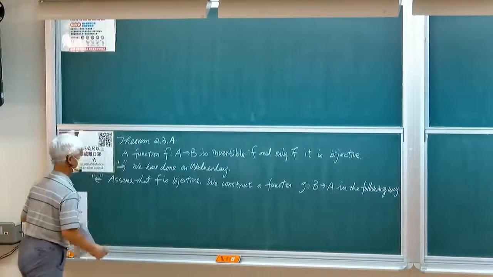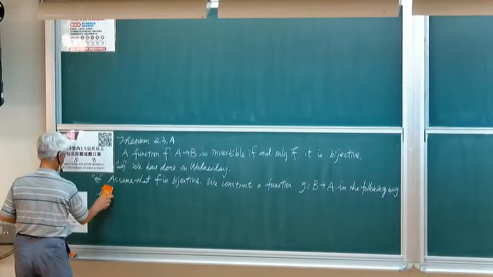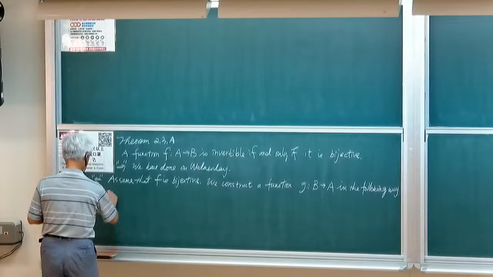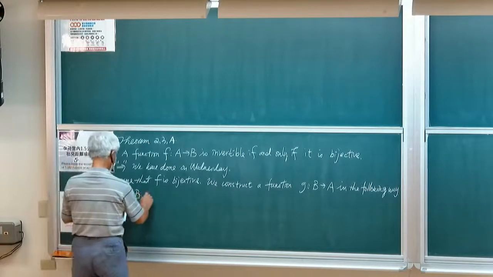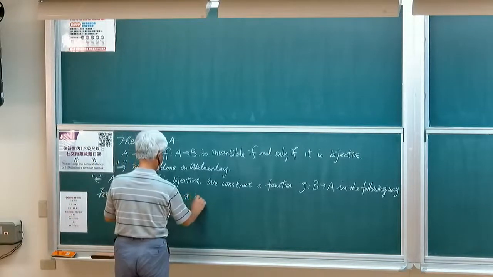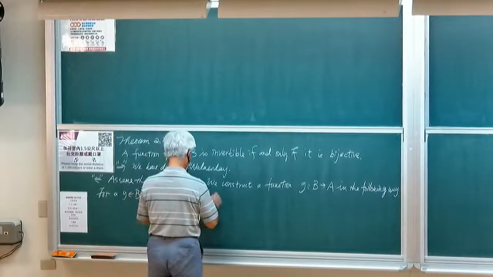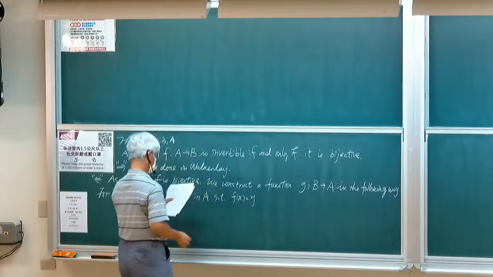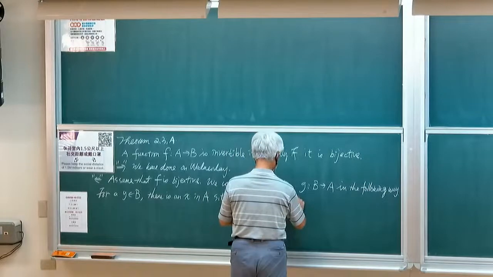Okay, so now for a y in B, there is an x in A such that f of x equals y, since f is onto.